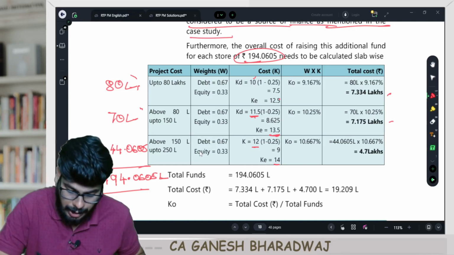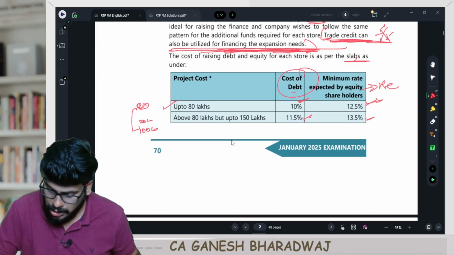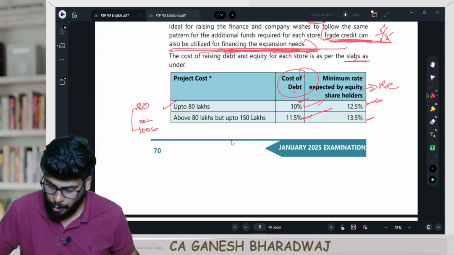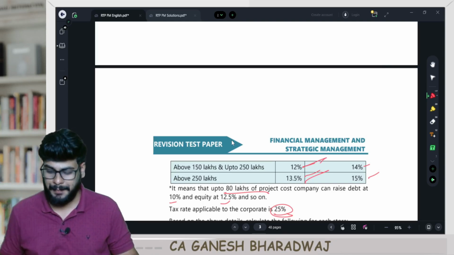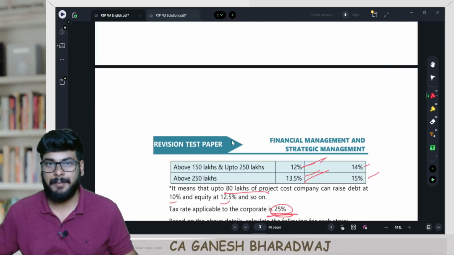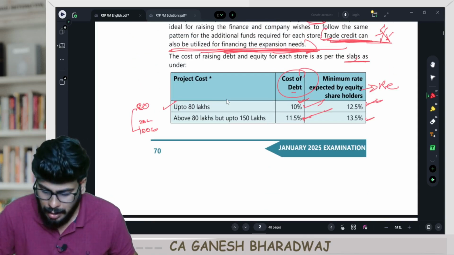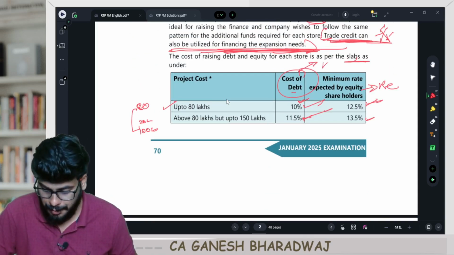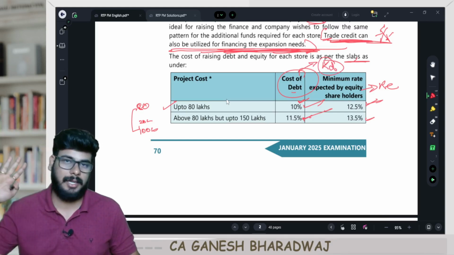But one more thing you need to understand: in this case, they have given cost of debt as 10%, 11.5%, 12% and 13.5%. They have given these slab rates, and below they have given the tax rate. Now, in my opinion, the question is not clear. There are two alternative solutions possible. You can assume that this KD is already adjusted for tax.